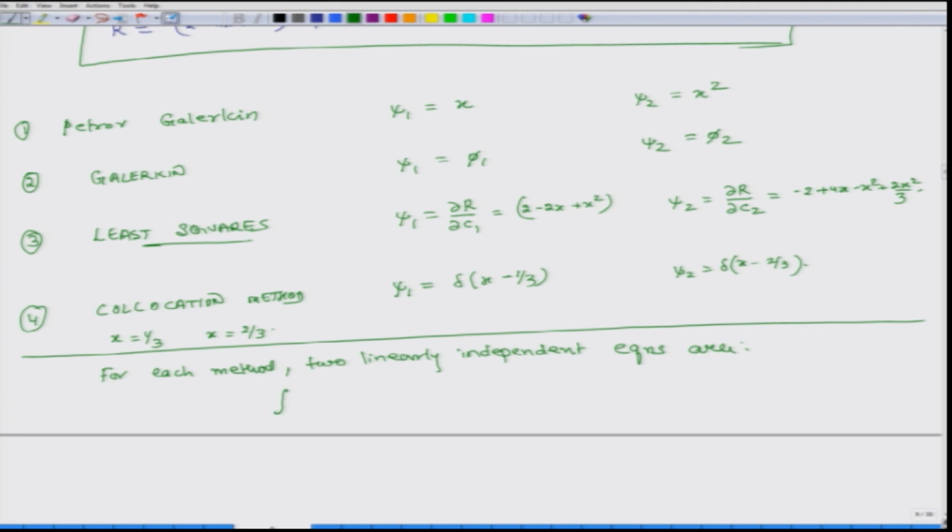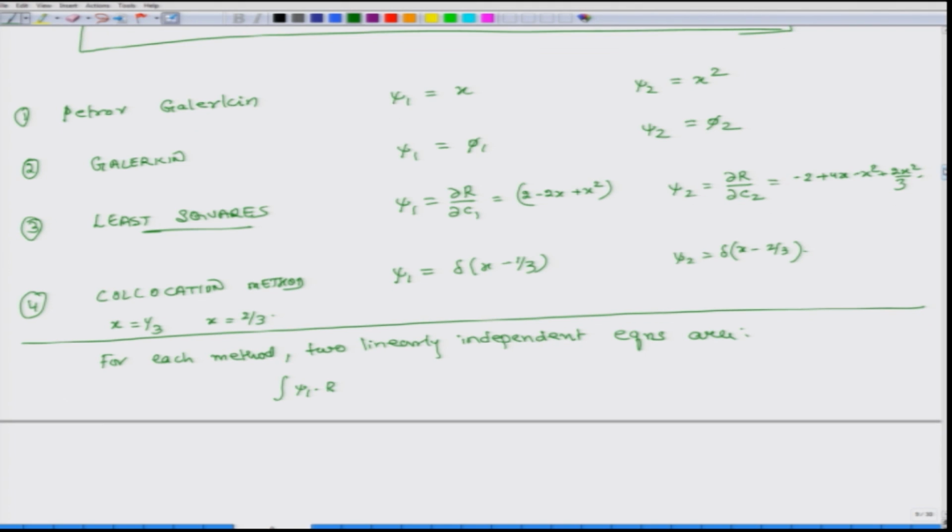The first equation is psi 1, I can pick which psi 1 I am interested in based on the method, times the residue defined here, integrated from 0 to 1, which is the domain of our interest, and this is equal to 0.